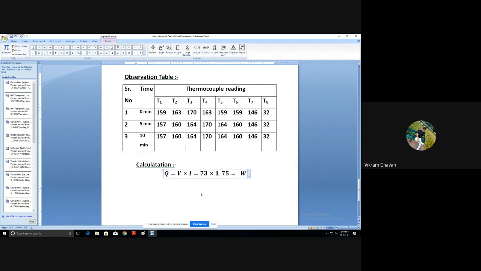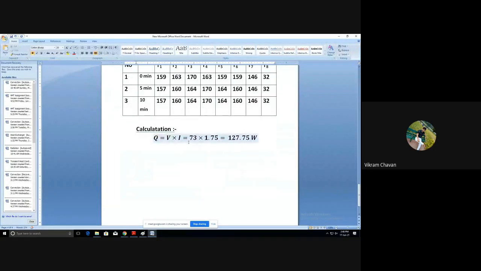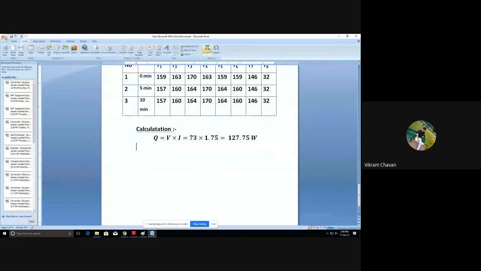You can do the calculation: 127.75. Okay. Then next we have to calculate the average temperature for the surface.